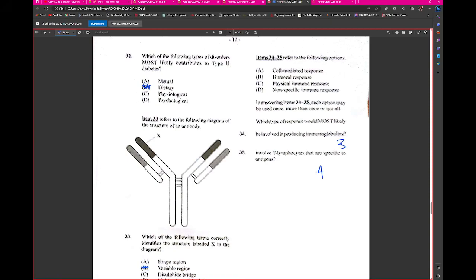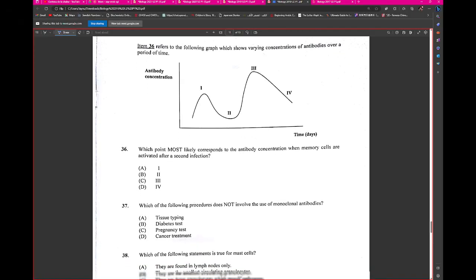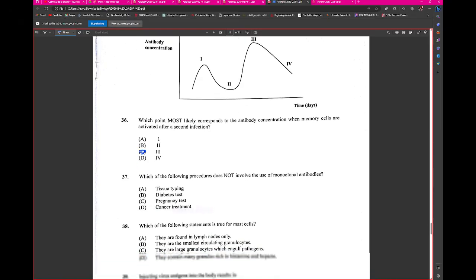Alright. Which point most likely corresponds to the antibody concentration when memory cells are activated after a second infection? Probably would be 3, right? Yes, sir.